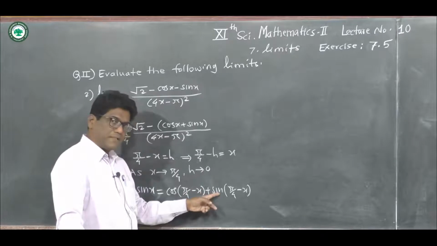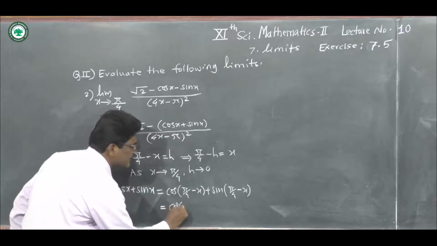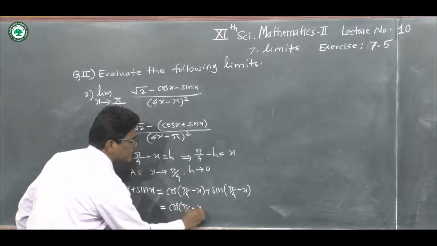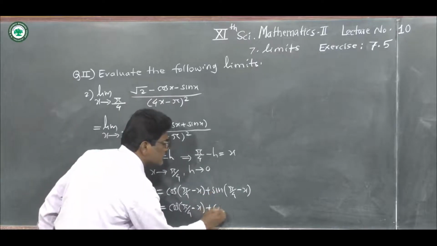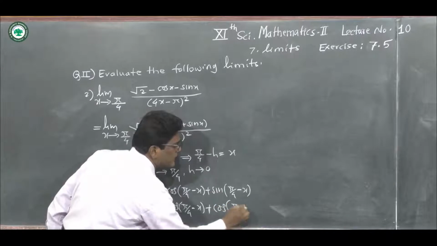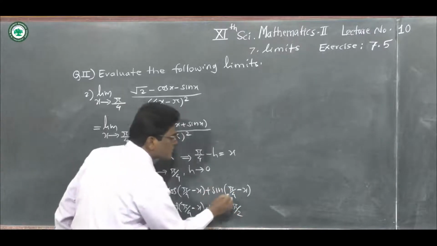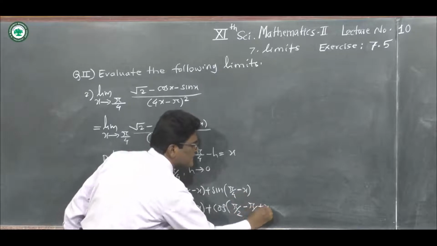So the first term, cos of pi by 4 minus x, stays as it is, plus we want this as a cos, so this is cos, but we subtract this angle from pi by 2, so pi by 2 minus pi by 4 plus x.